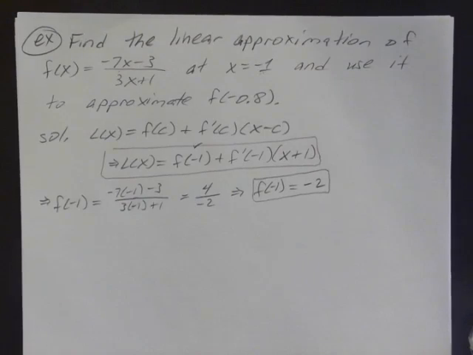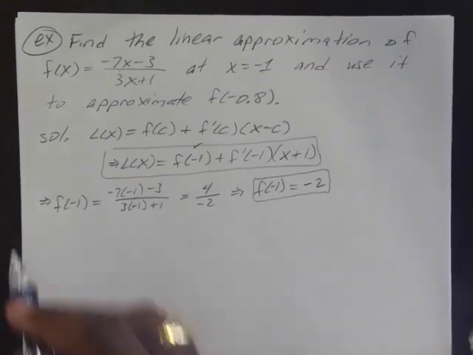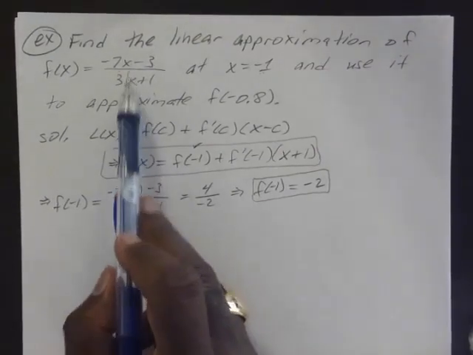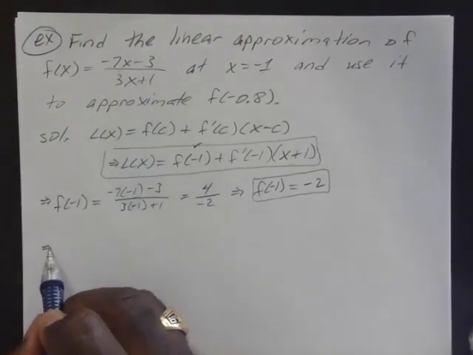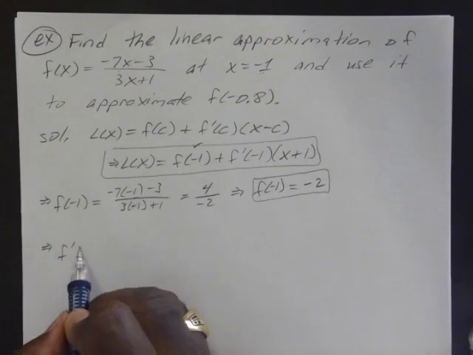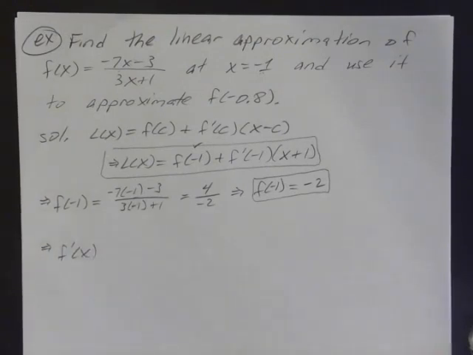Okay. Now with this one, the f prime is the one that's going to give you the trouble because you're finding the derivative of a quotient. So we know that our f prime of x, we're going to have to use the quotient rule.